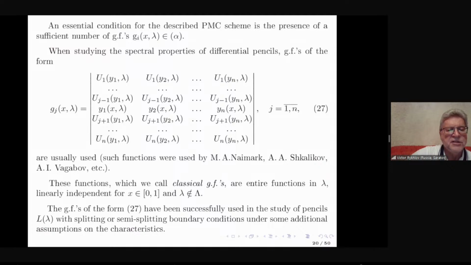The generating functions of the form 27 have been successfully used in the study of pencils L of lambda with splitting or semi-splitting boundary conditions under some additional assumption on the characteristics.